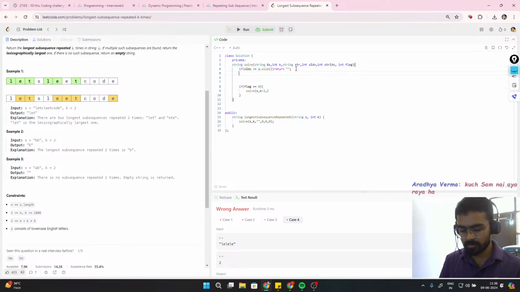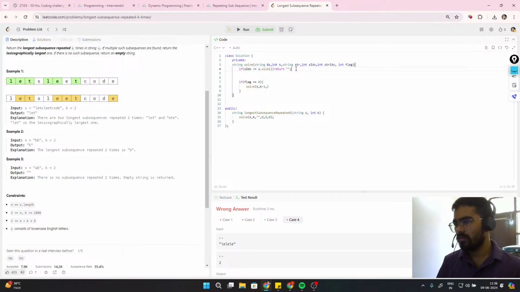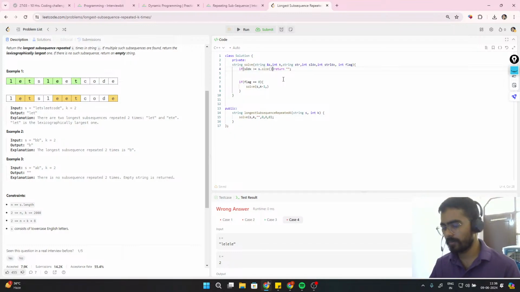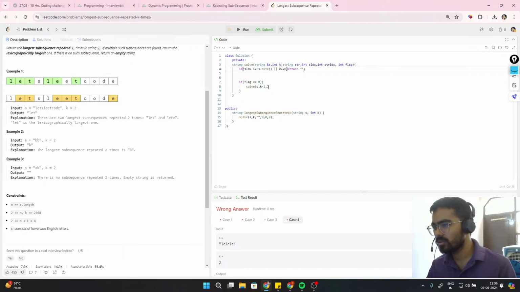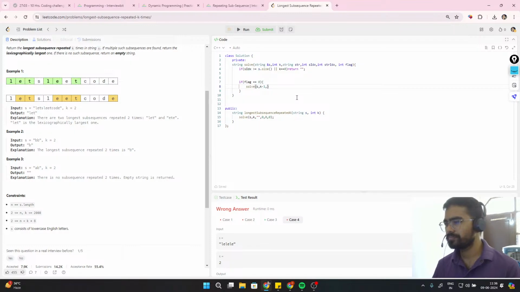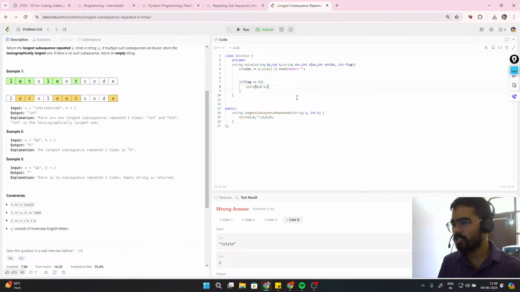Also the base case will handle if my k becomes 0. k minus 1, str, this str will contain str plus s of sidx.